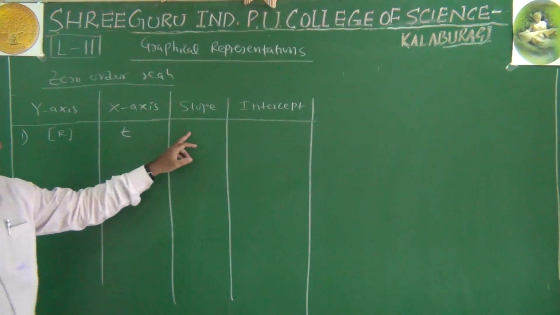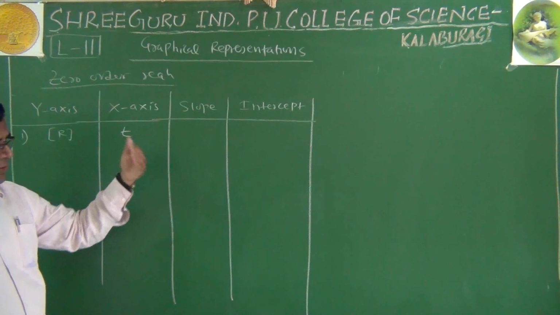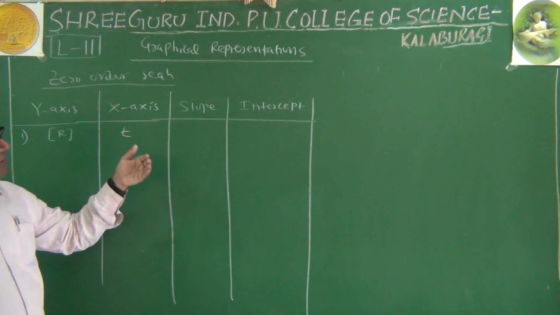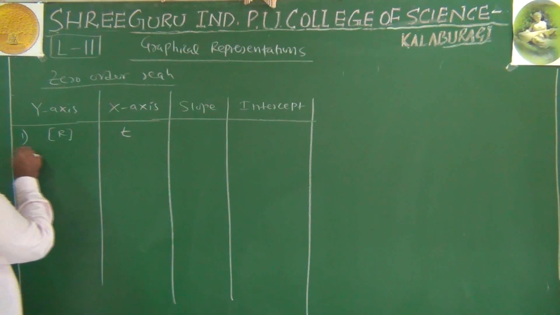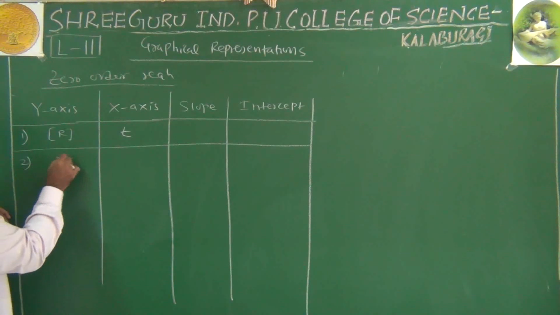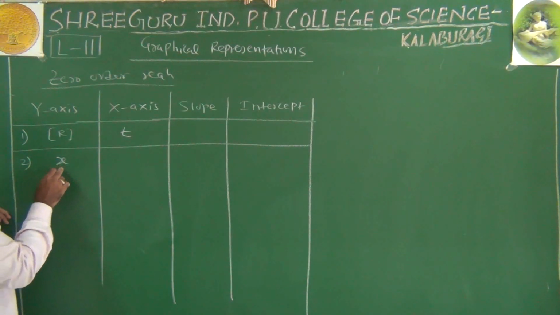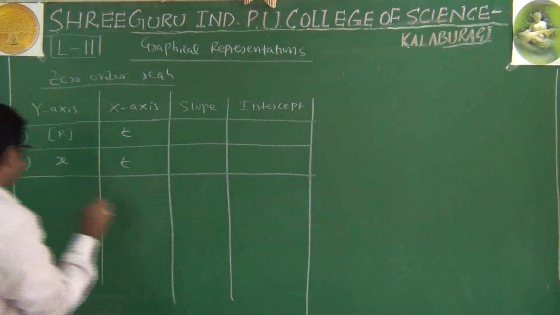I will not write this, I have just told you, but you have to complete this by recalling the graph and by plotting the graph, so that it is a kind of revision for you. Then another one will be x, which is R0 minus R, and t, the slope and intercept.